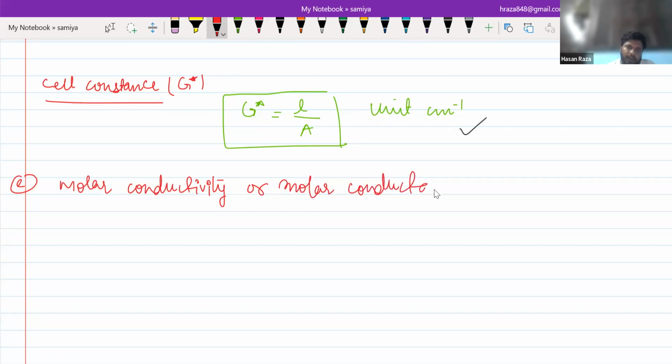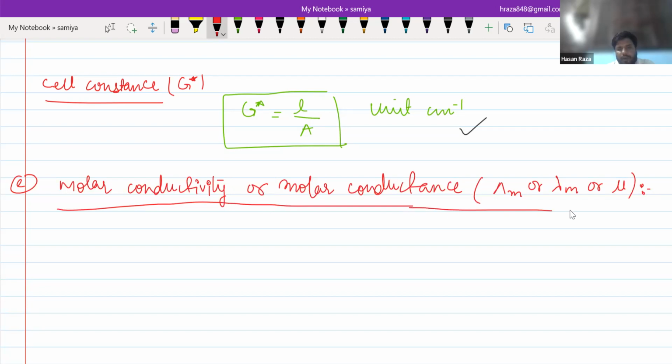Molar conductivity and molar conductance is denoted by lambda m or mu. So after writing this topic, let me know. First of all, I'm going to define it, then I'll explain it. It will be very easy.